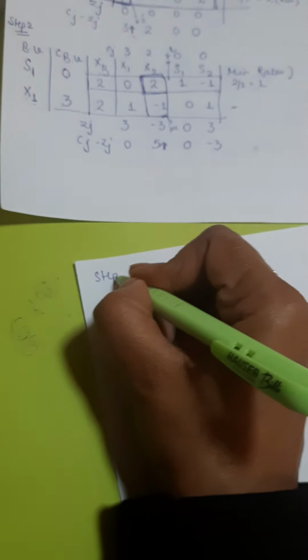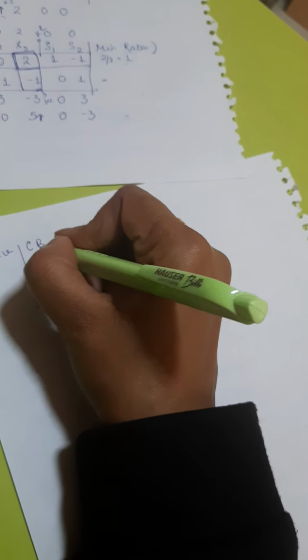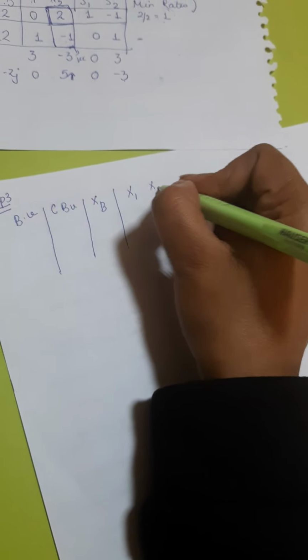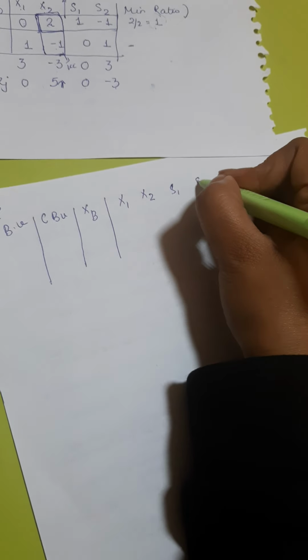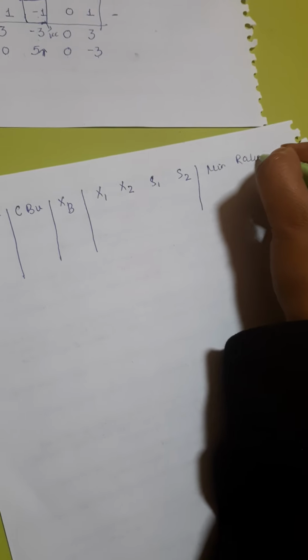Now in the next table, how will we draw? Step 3: the format would be the same: basic variable, cost of basic variable, xb, x1, x2, s1, s2 and the minimum ratio.